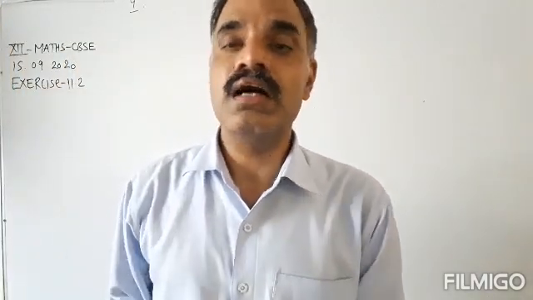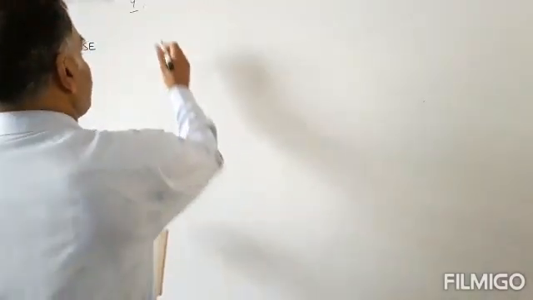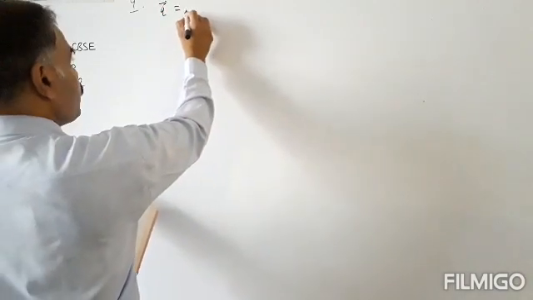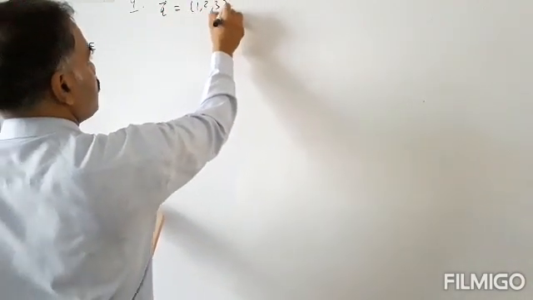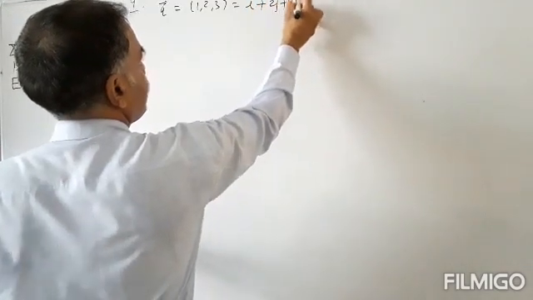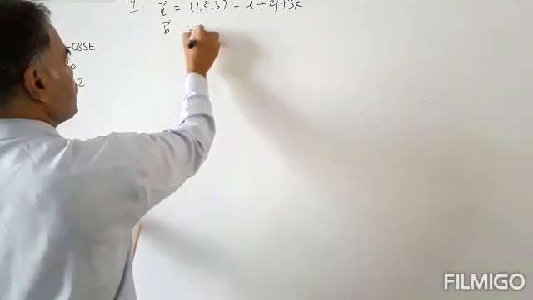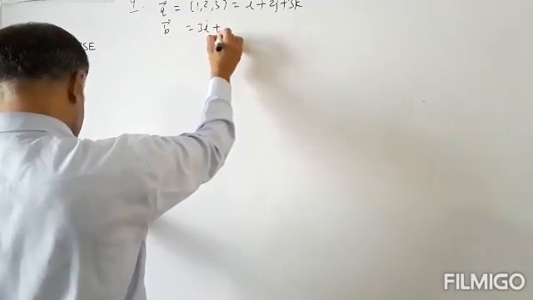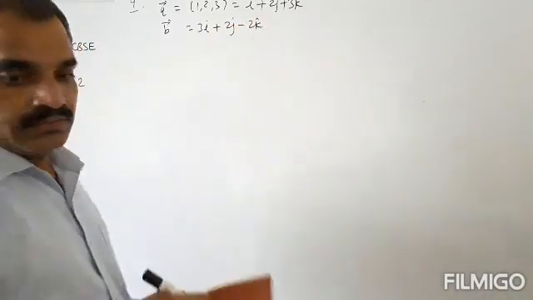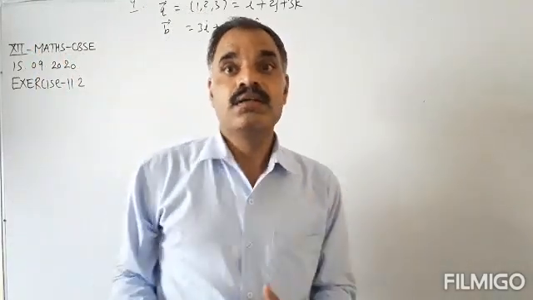The point is given as a vector: a vector is 1, 2, 3, that is i cap plus 2j cap plus 3k cap, and it is parallel to the vector b, that is 3i cap plus 2j cap minus 2k cap. A vector is the point and b vector is the direction.